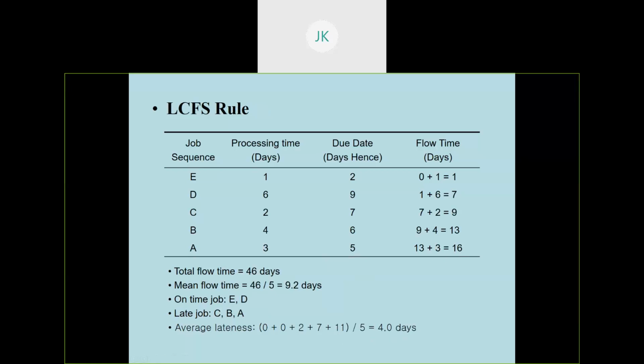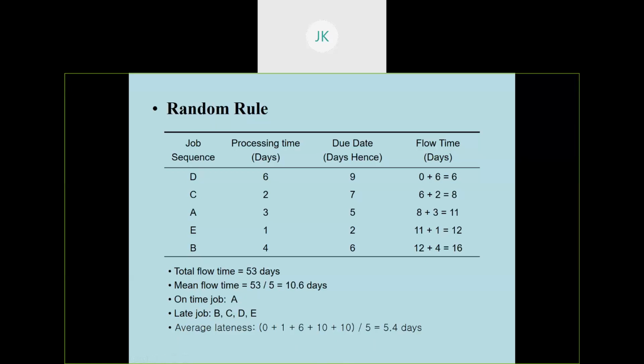Next rule, if we use LCFS, A comes first but goes last, E comes last but goes first, so the job sequence is E, D, C, B, A. Then total flow time is 46, mean flow time 9.2. On time are E and D, late jobs are C, B, A, and average lateness is 4.0.